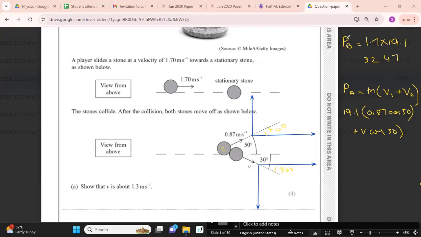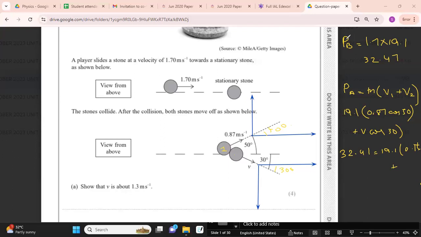So if we go ahead and solve for our v, 32.47 is equal to 19.1 bracket 0.87 cos 50. It gives us 0.56. 0.56 plus we have v cos 30.